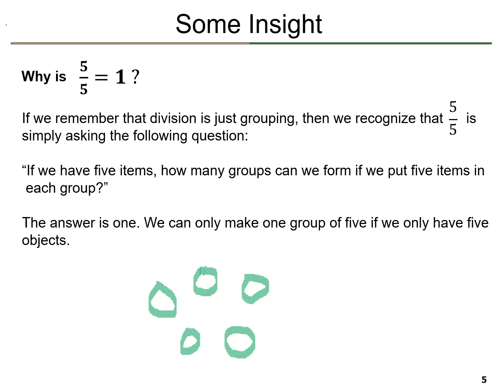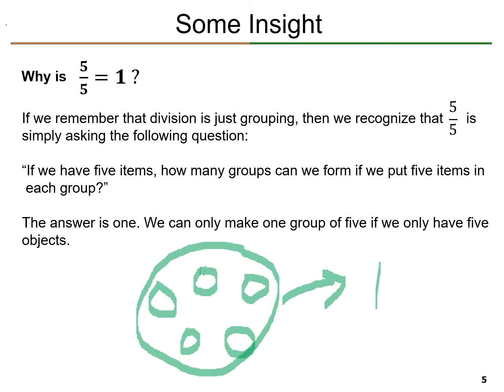And the question is, how many groups of 5 can I form if I put all 5 items in a group? Well, because I only got 5 items, if I put all of these into a group, I don't have any more left. And I have just one group. So 5 divided by 5 is equal to 1.